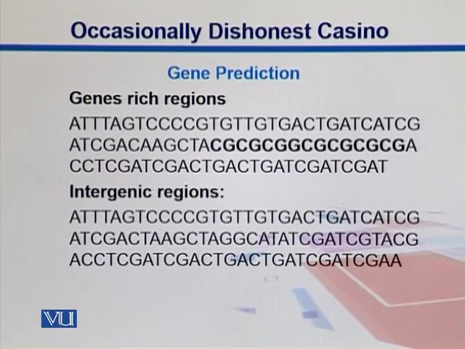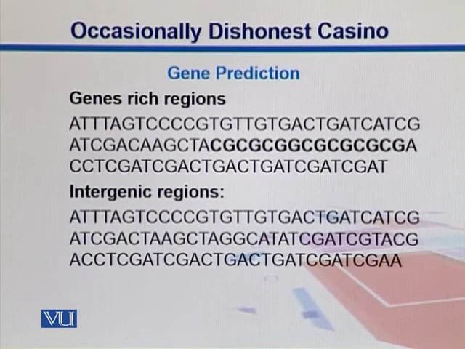It's not like GC pairs, where G and C are on opposite strands and form bonds with one another. So the presence of more CpGs in the gene-rich regions is similar to the loaded die, where we observe more occurrences of sixes.